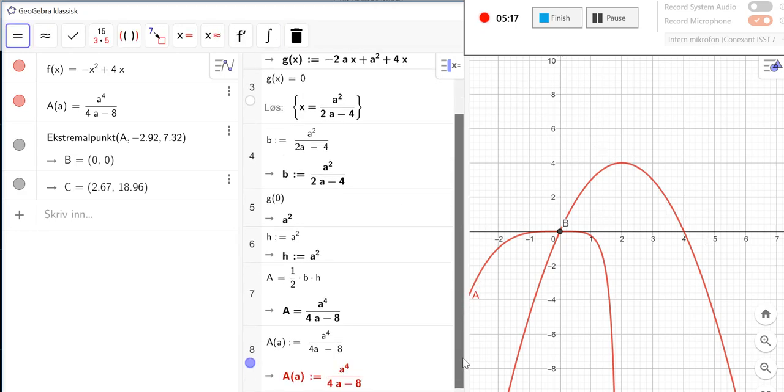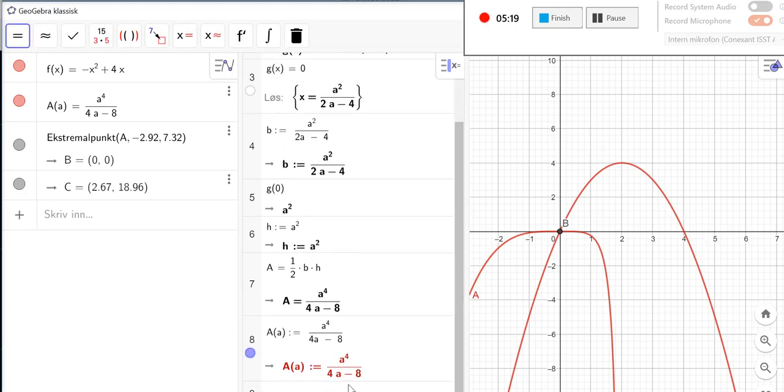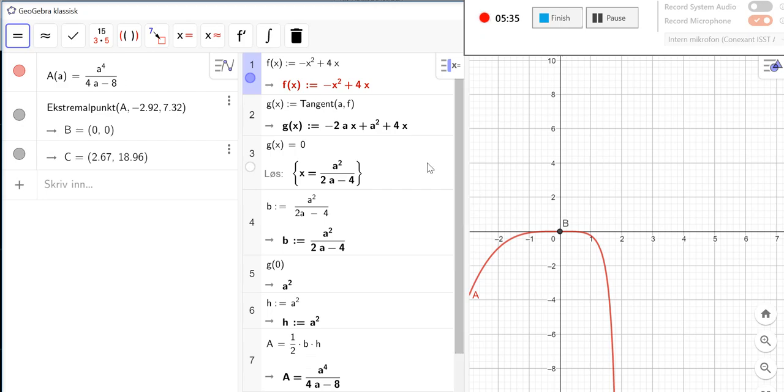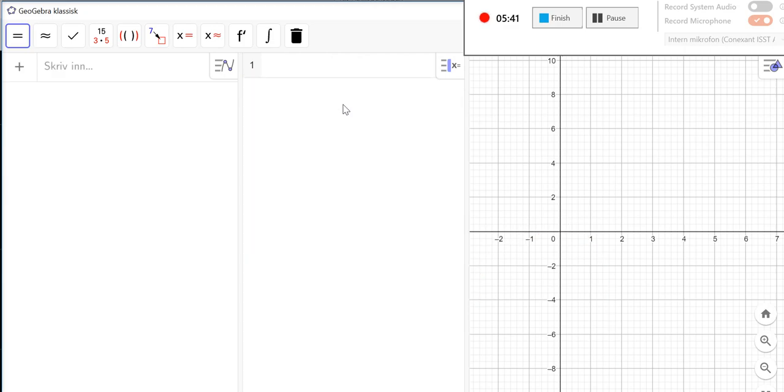But the best triangle, if you want to minimize the area, is the tangent line when the point's x-coordinate is 2.67. I write Tangent here, and now we have f. That didn't work for some reason. Let's try to do it up here, 2.67. Yes, there we go. Let's try again.